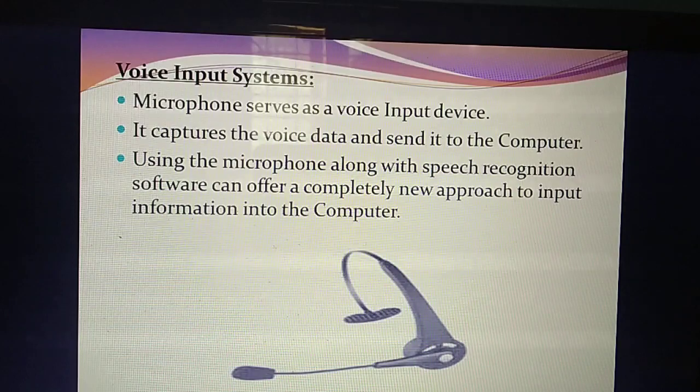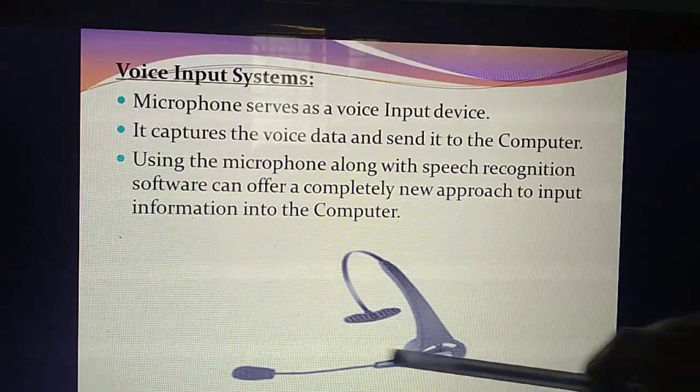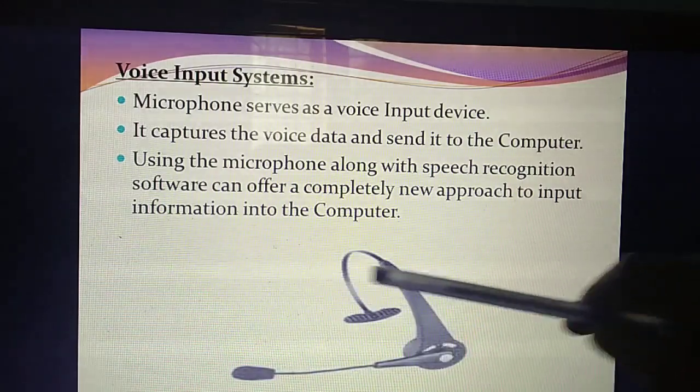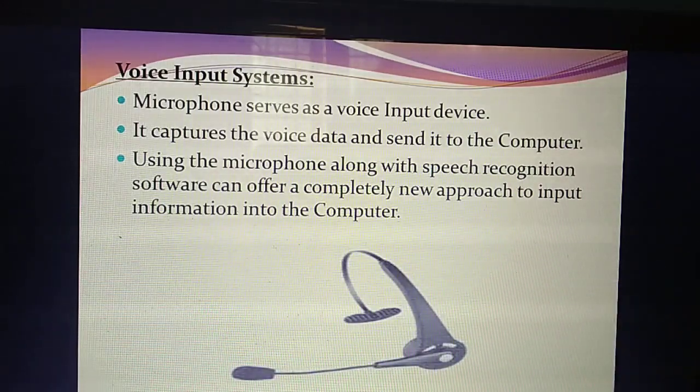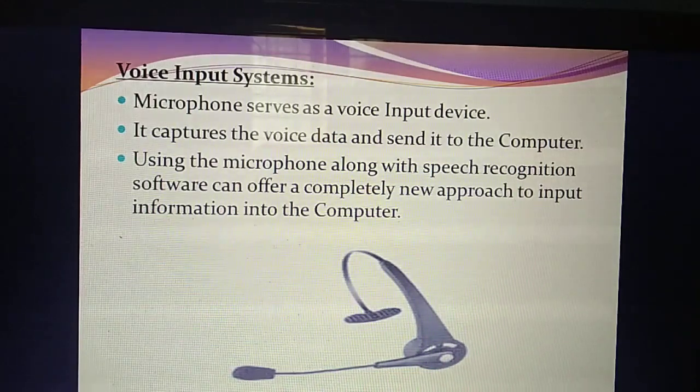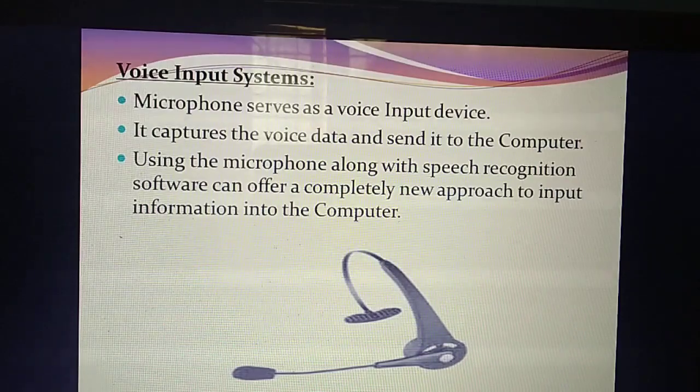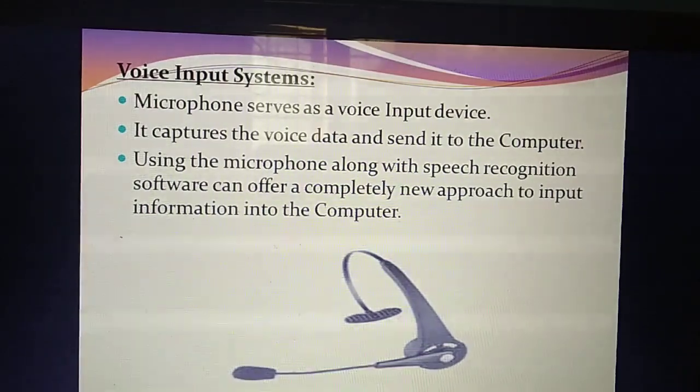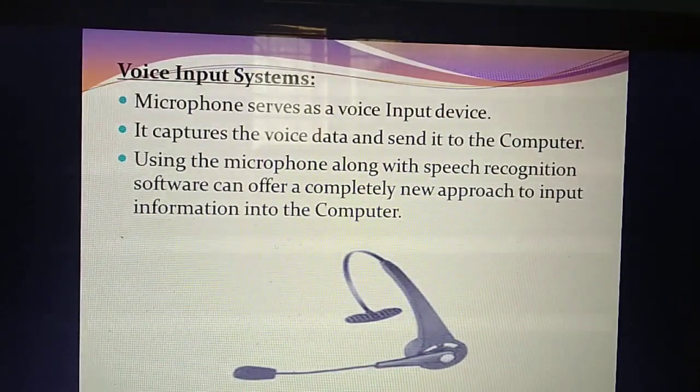That voice signal it sends to the computer for processing. In front of your mouth there is one mic, through which your voice is captured. Then that voice signal is converted and the information is sent to the computer. From the computer you are able to hear the voice.